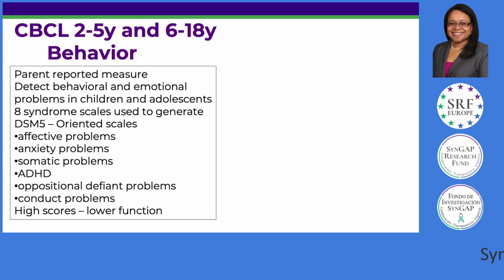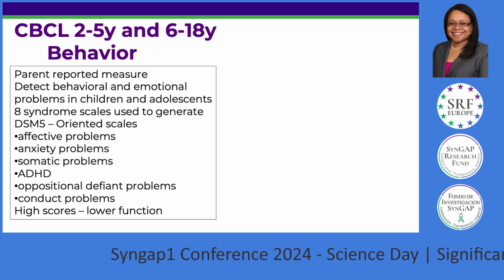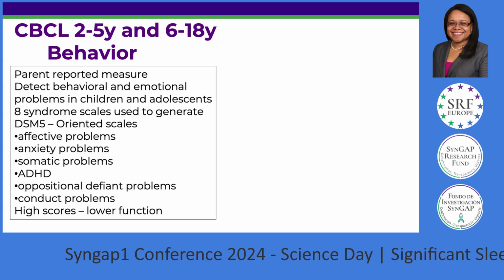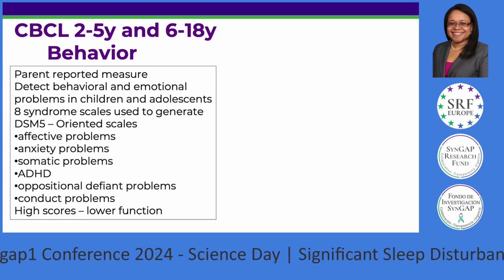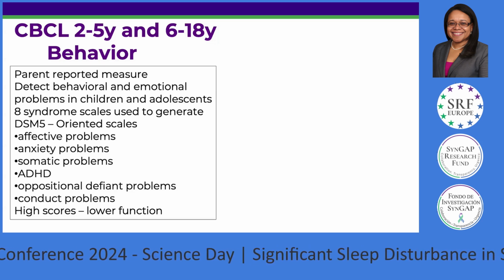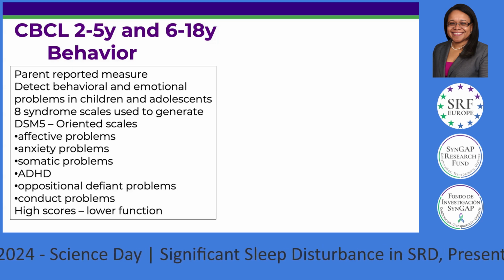So the 2 to 5-year-old are the preschool, and the 6 to 18-year-old are the school age. There are 8 syndrome scales that are used to give us more insight into the DSM-5 oriented scales. So that's affective disorders. So we can think of depression or depressed mood would fall into that category. Anxiety, somatic disorders, ADHD, oppositional defiant, and conduct disorder. Now, the important thing to bear in mind is that a high score equals lower function.